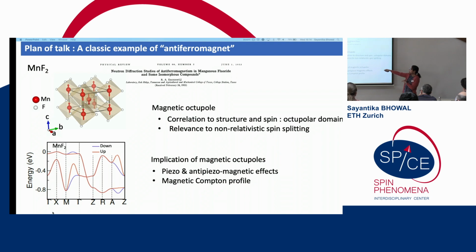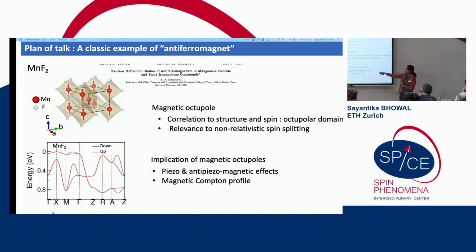And interestingly, this material has been studied for a long time, and it was believed to be actually a classic example of an antiferromagnet with two Mn ions in the unit cell with the spin polarization along the z-axis, which cancels each other, leading to zero net magnetization in the unit cell.